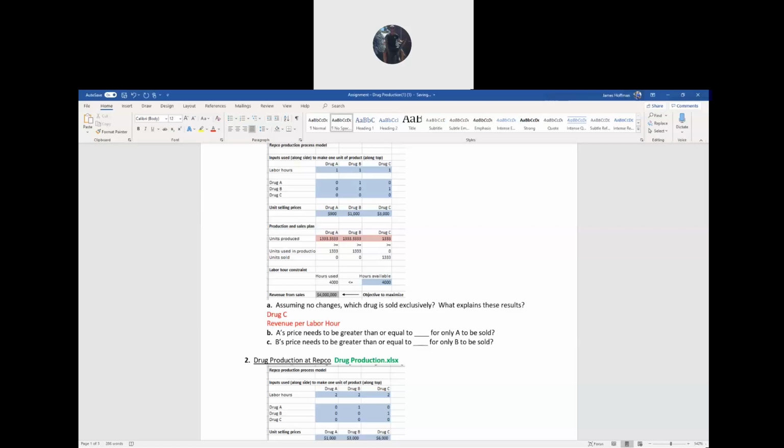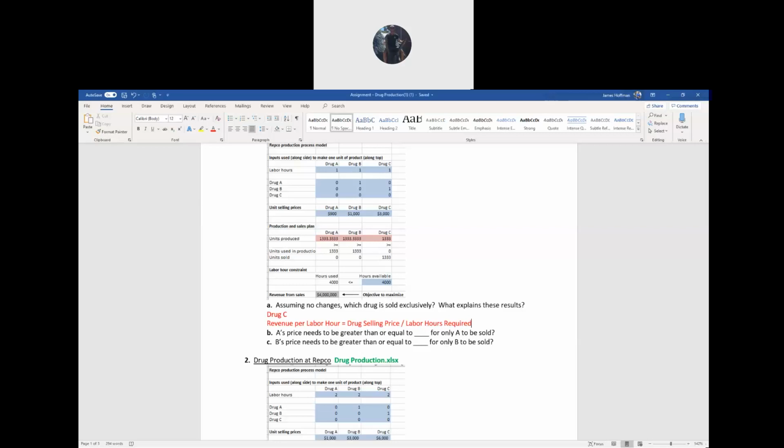Let's first write the general formula for revenue per labor hour, and then we'll figure out what the revenue per labor hour is for drug C, and then we'll answer the rest of the problem. So revenue per labor hour is essentially the selling price of the drug divided by the labor hours required.